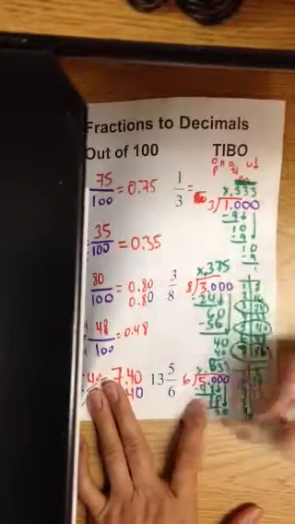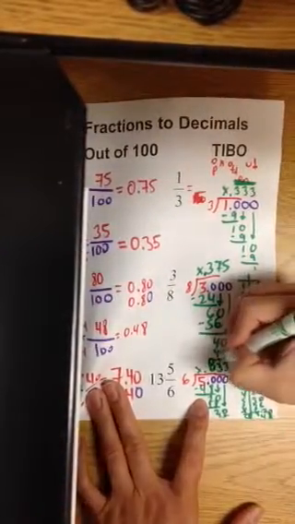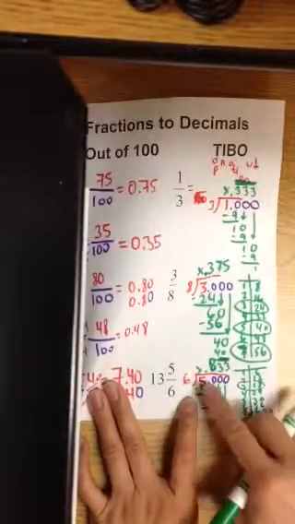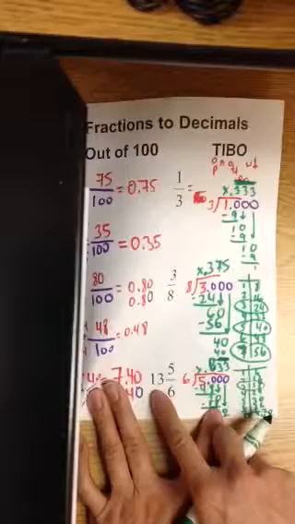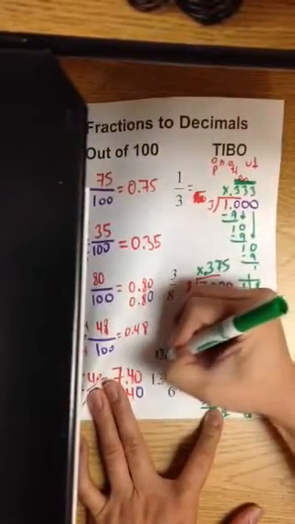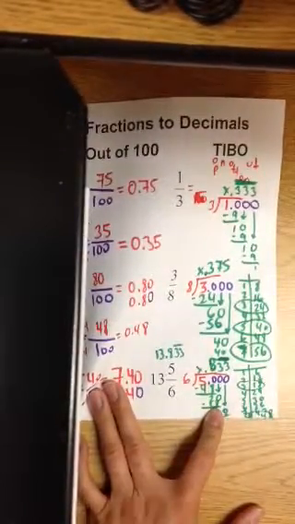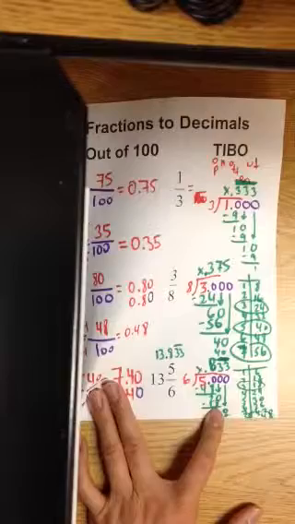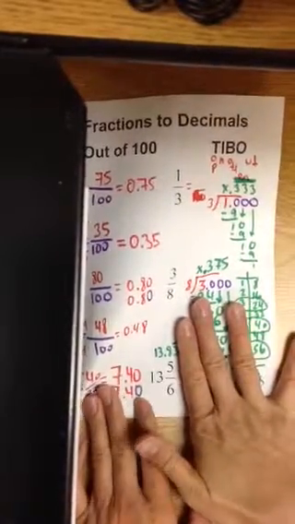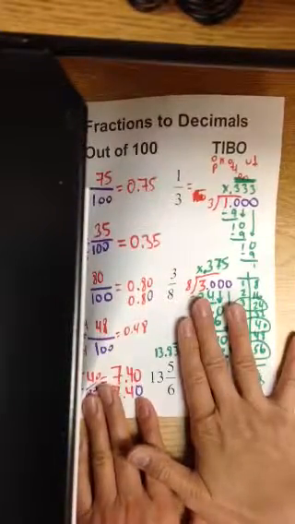It goes in 3 times. Oh, looks like it's repeating. So I'll put a bar above the repeating digits. What's the whole number? 13. So it's 13 and 833 thousandths. Since it's repeating, you could cover up just the 3. So it also could be equivalent to 13 and 83 hundredths.